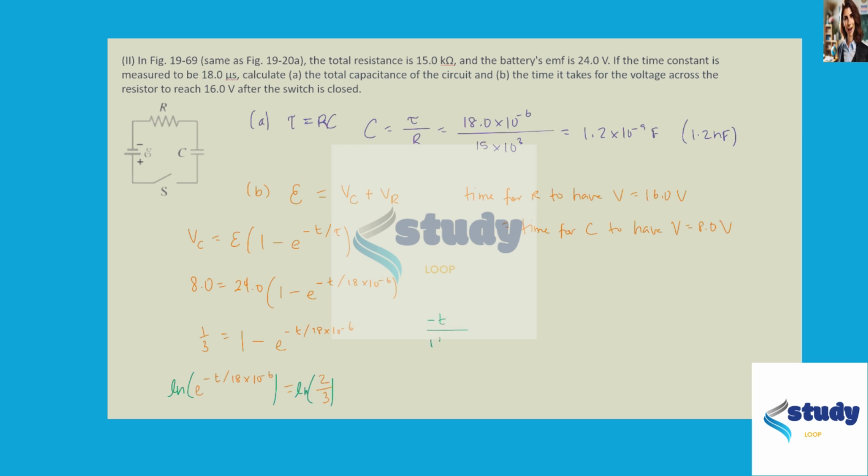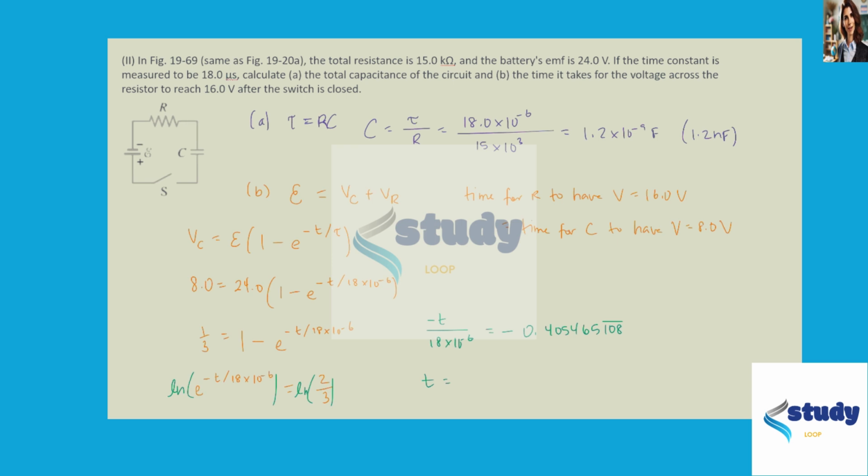And I get negative t divided by 18 times 10 to the minus 6 equals the natural log of 2/3, which is negative 0.405465108, where the 108 is a repeating decimal. I'm going to keep a bunch of extra decimals until I'm done, and the reason I do this is so I can get a lot of accuracy in my final answer.